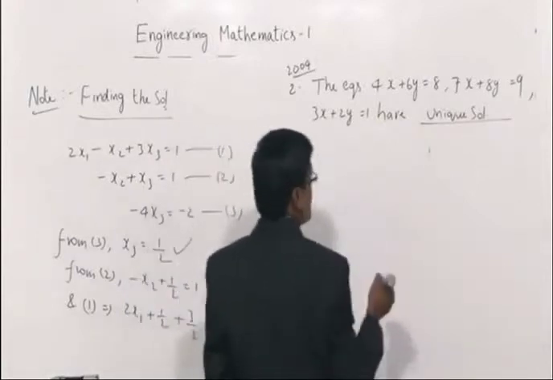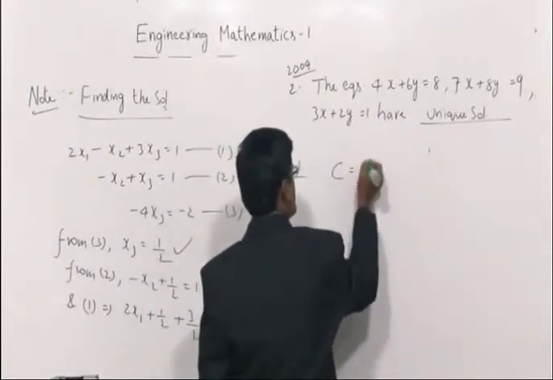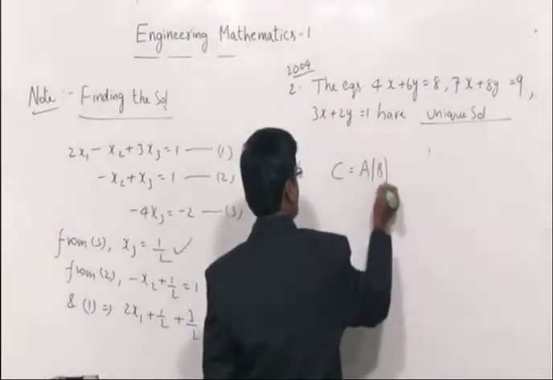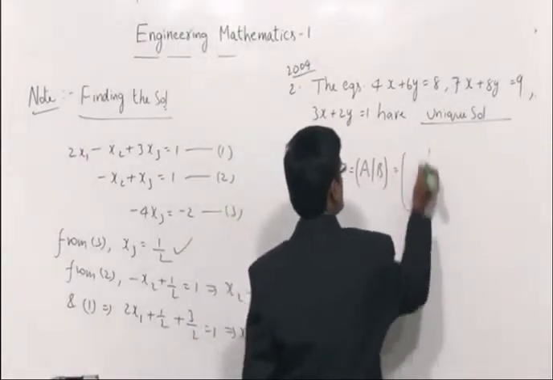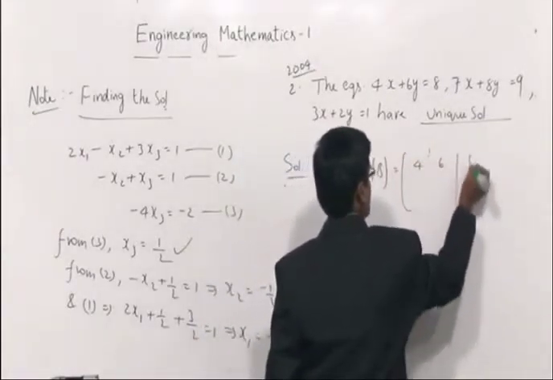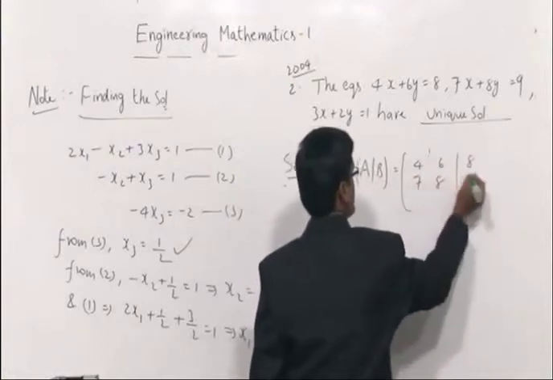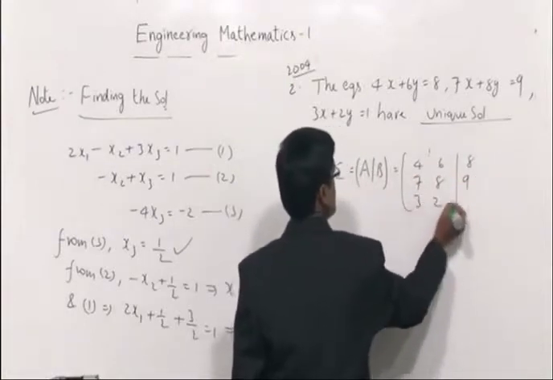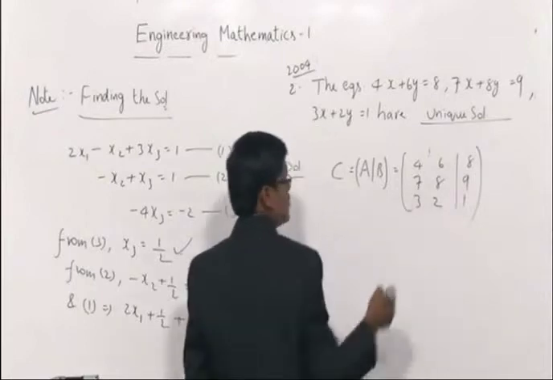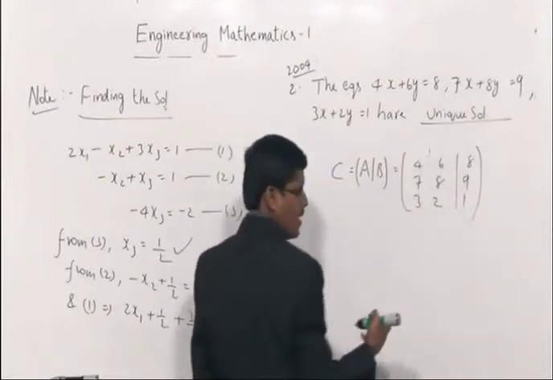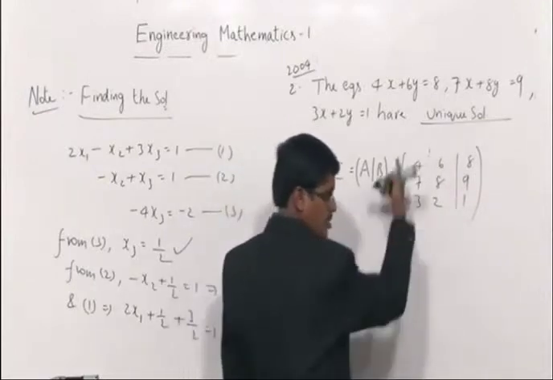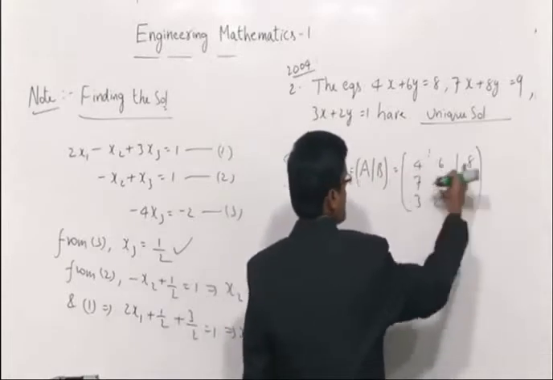Already all the 3 equations are in standard form. The matrix is 4, 6, 8, 7, 8, 9, 3, 2, 1. So don't circle this element immediately and make the lower elements zeros by reducing into row echelon form. Here there is a common element.